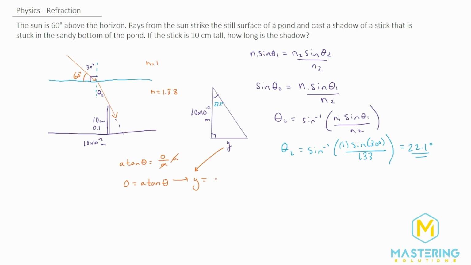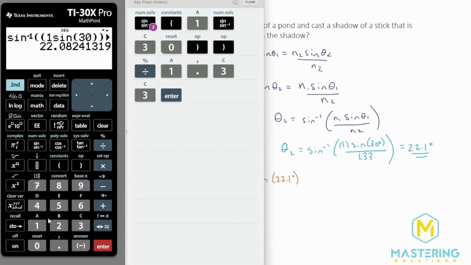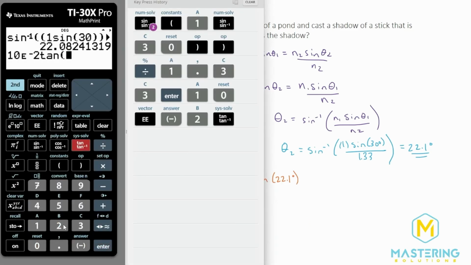So now Y is equal to the adjacent, which we said was 10 times 10 to the negative 2 meters, times the tangent of the angle, which we found is 22.1 degrees. So we have 10 times 10 to the negative 2 times the tangent of 22.1.